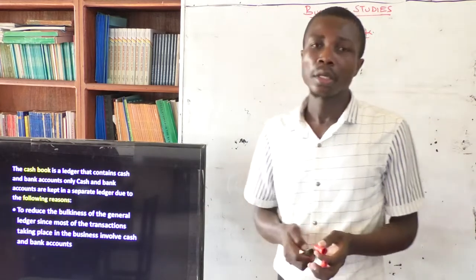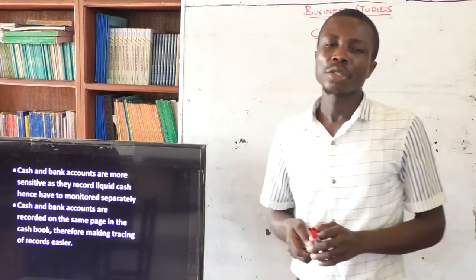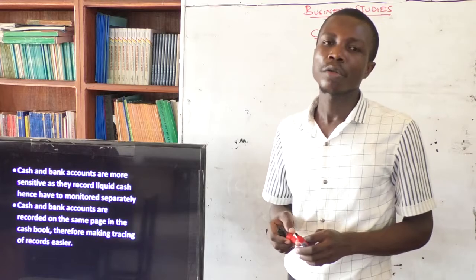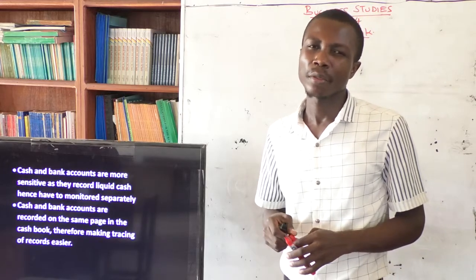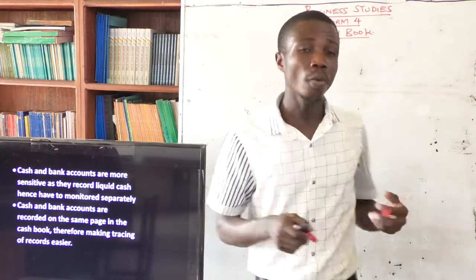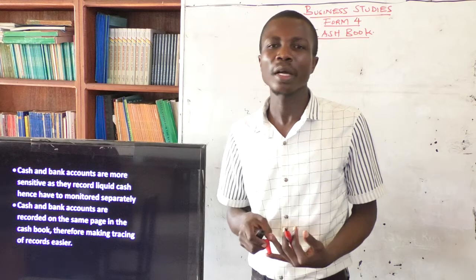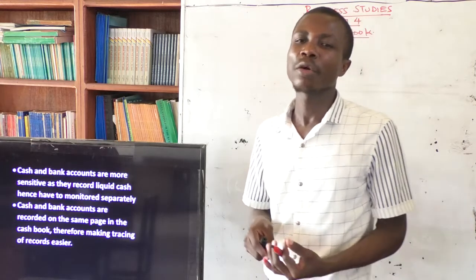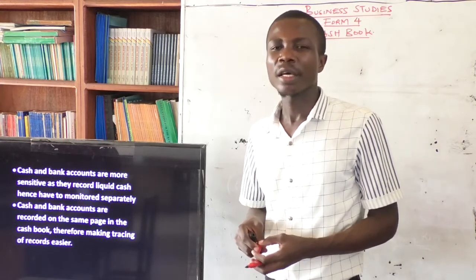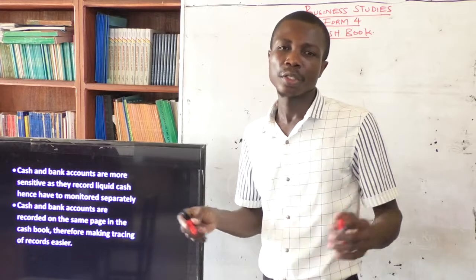Then the next, cash and bank accounts are more sensitive. You understand? When you're talking about cash book, why do you prepare it? Cash and bank accounts are more sensitive as they record liquid cash and hence have to be monitored separately.